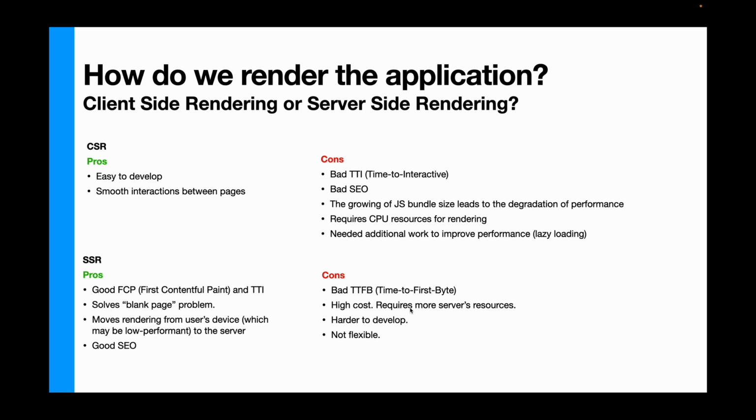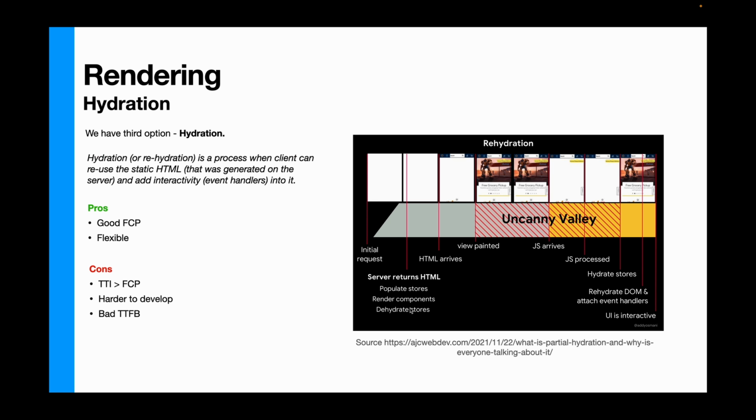In two words, SSR is suitable for cases when we need fast initial loading and good SEO. Client-side rendering is good for cases when the application has many transitions between pages. We also have a third option, hydration. How does it work? Initially, we load a static HTML page that was rendered on the server.